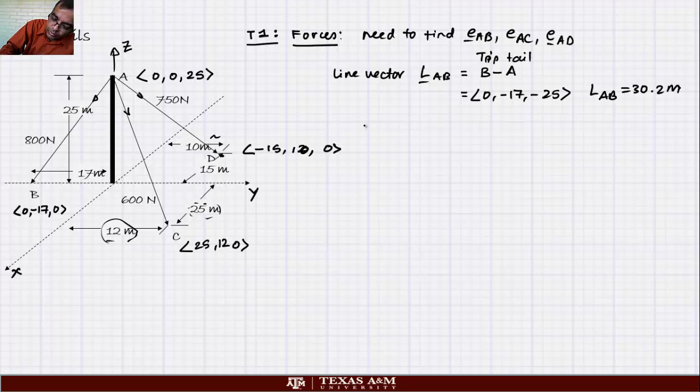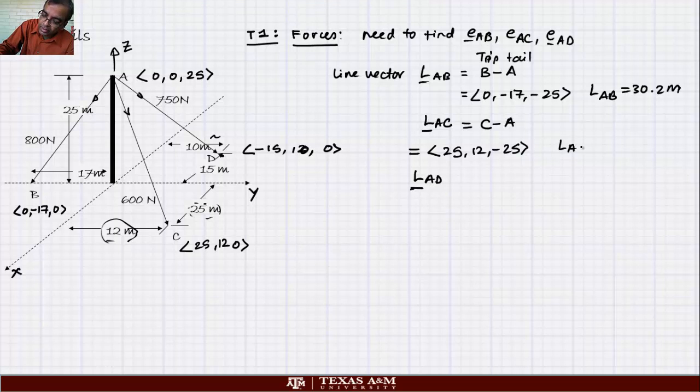So let's do the next one. What I want you to do is try doing the other 2 and then you can see whether you are getting the same answer as I am. That's the best way to do it. So pause here, try it out, find LAC and LAD, these 2 vectors. You find it out yourself, then come back and tell me whether you got the same answer as I got. In my case, LAC is C minus A, which turns out to be 25, 12, minus 25.